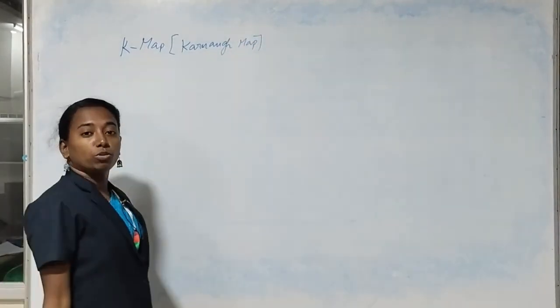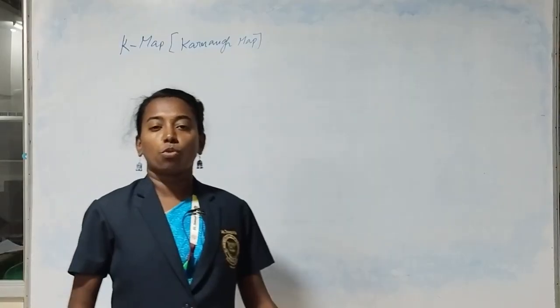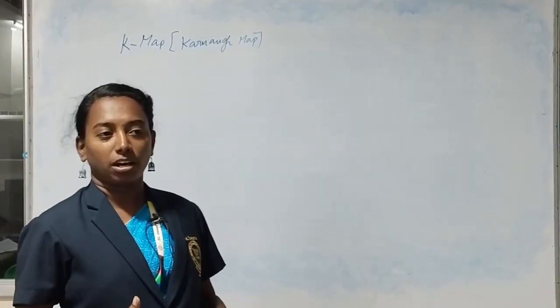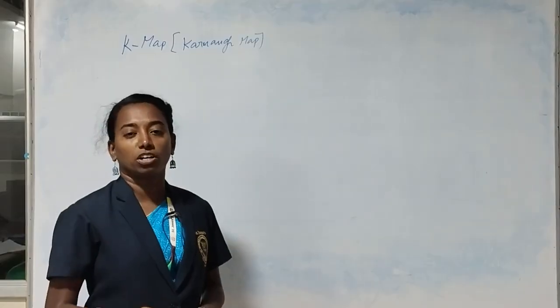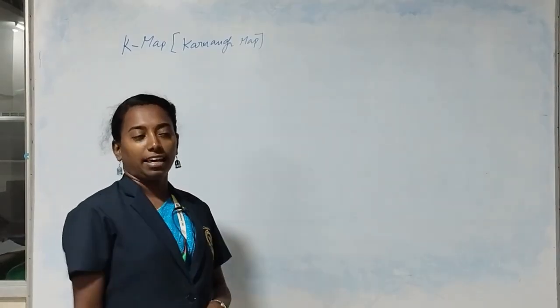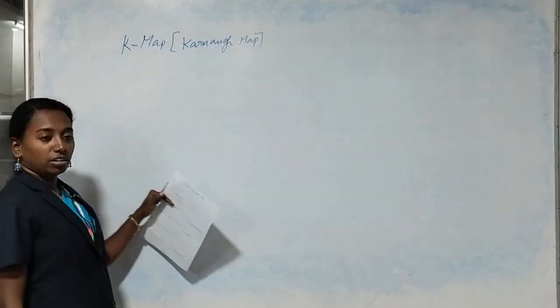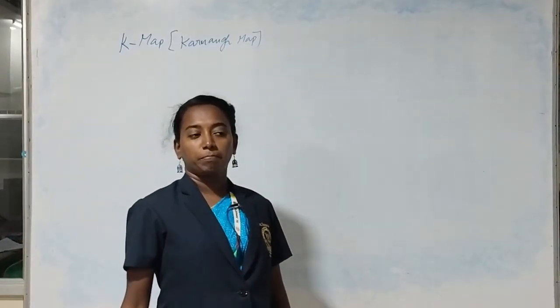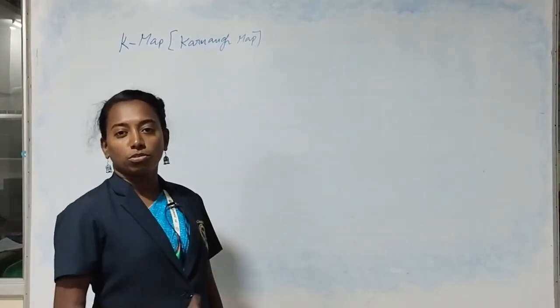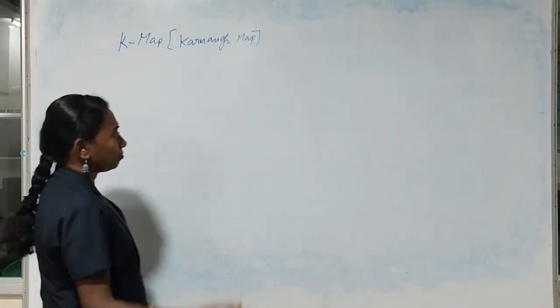Generally, to reduce any logical expression, so far we have used Boolean algebra. From now on we are going to reduce logical expressions with the K-map. There are 2 variable K-map, 3 variable K-map and 4 variable K-map. In this lecture I am going to start with 3 variable K-map.